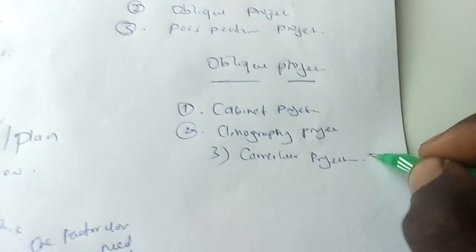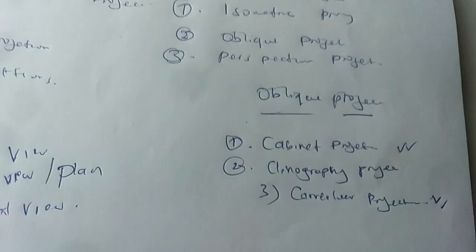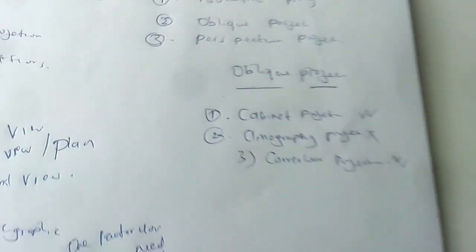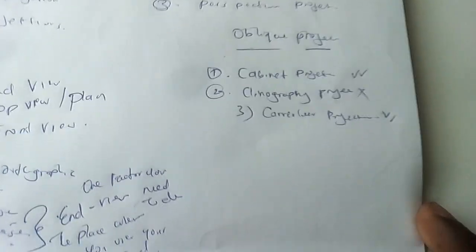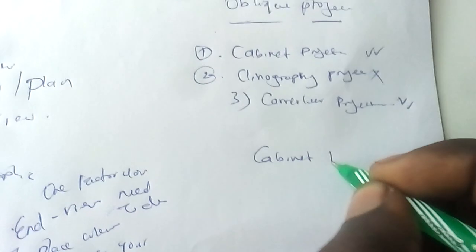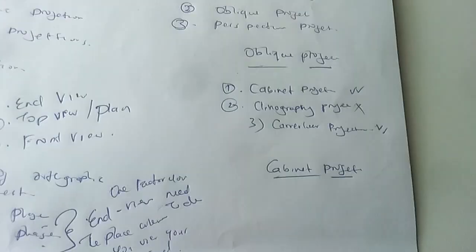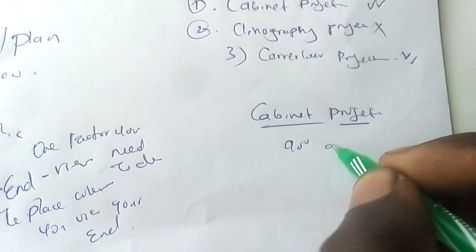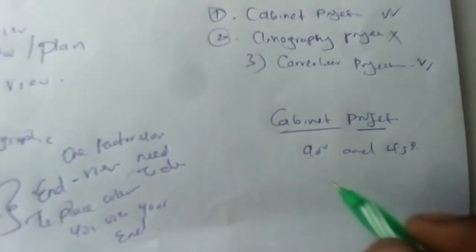We'll talk about the Cavalier projection, the cabinet projection, but this clinography projection I will tell you in our next lesson. In cabinet projection, you represent your work at the angle of 90 degrees and 45 degrees.